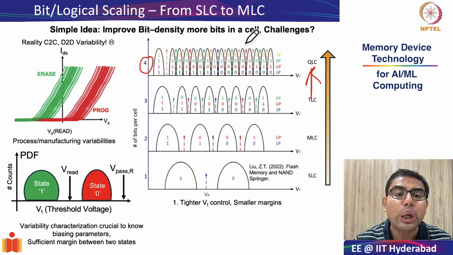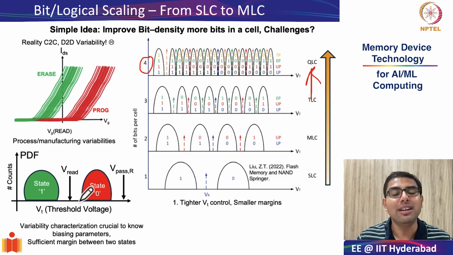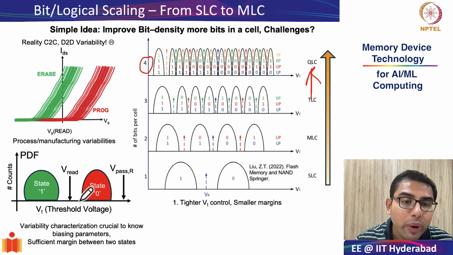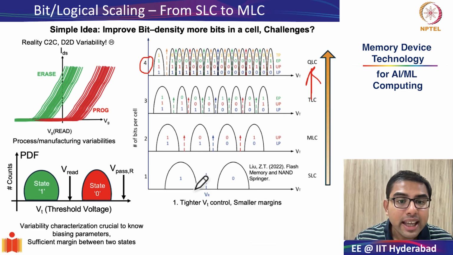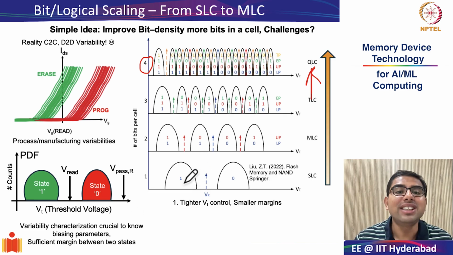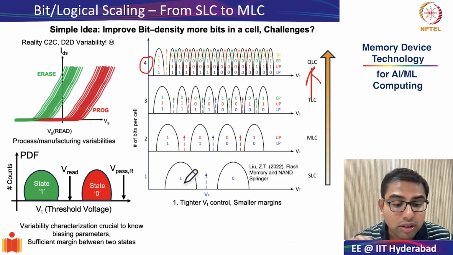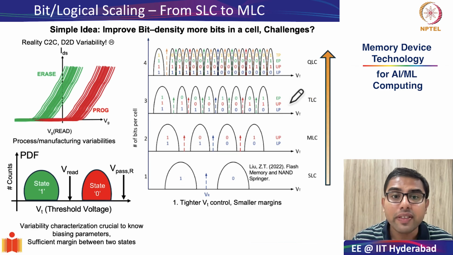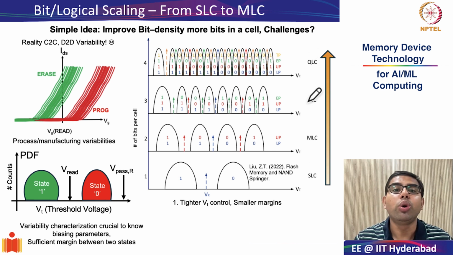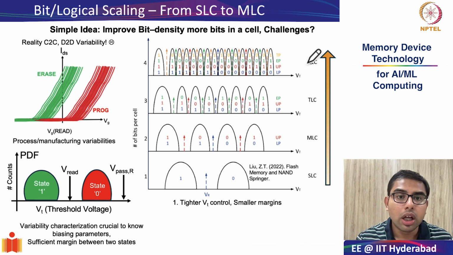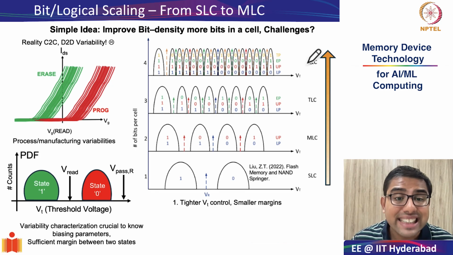The first thing to notice, in the context of maintaining sufficient margins between neighboring states, is that it is very fascinating to see that as you move from SLC to MLC to TLC to QLC, the space or the margin between the states shrinks significantly.